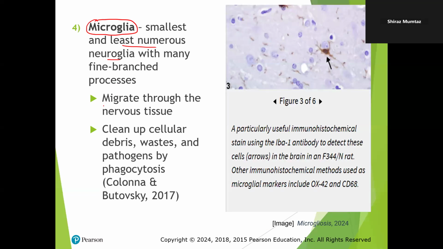But the microglia help remove cellular debris or waste products and remove pathogens by phagocytosis. That is the function of all macrophages: to phagocytose, digest, and get rid of pathogens. That is the function of the microglia.